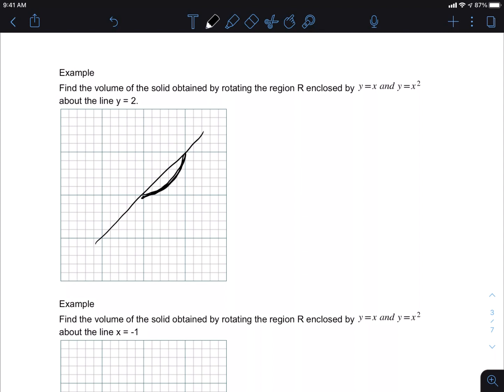So we know the enclosed region. Our enclosure is still that same piece. But now look what they're saying. What are we rotating about? About the line y equals 2. Y equals 2 is now my line. So if that's the line I'm rotating about, which way is my slice?